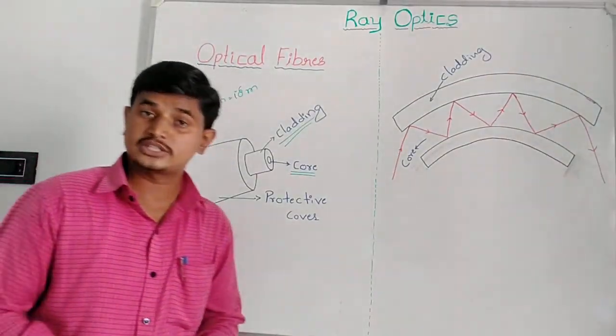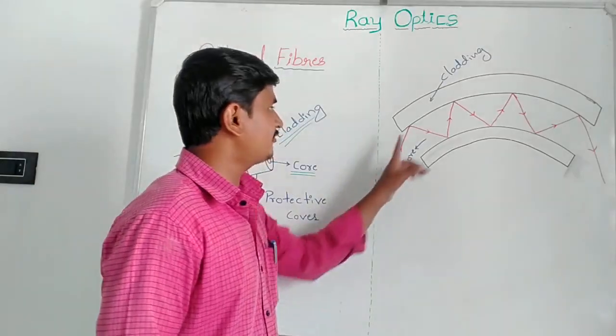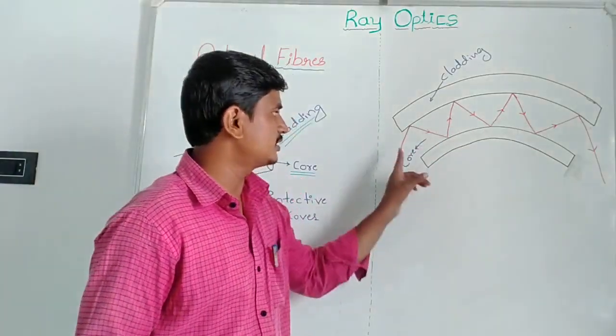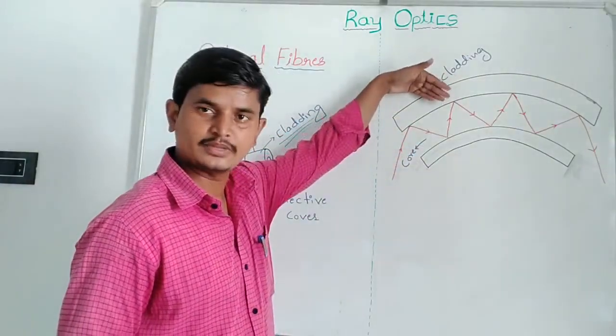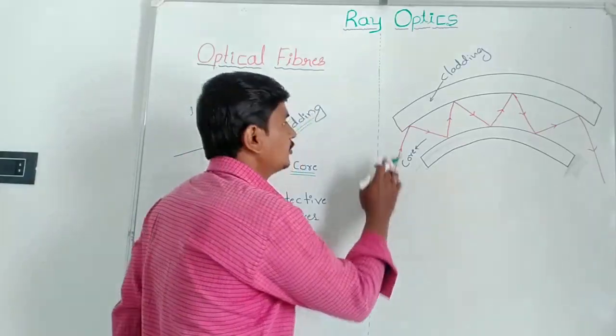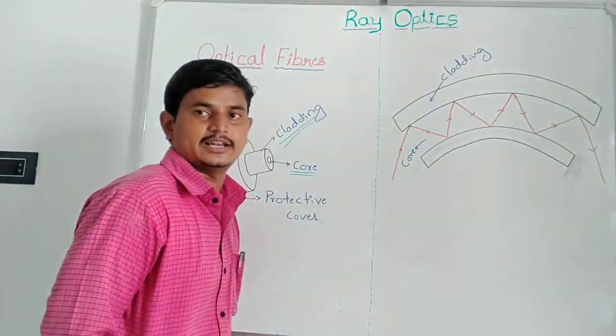How does an optical fiber work? A ray of light enters from one end of the optical fiber, with an angle of incidence greater than the critical angle.